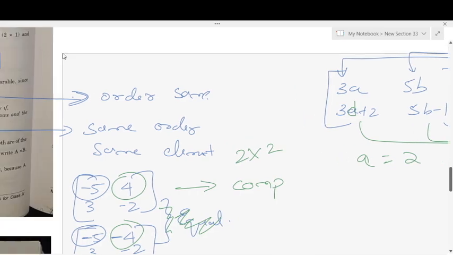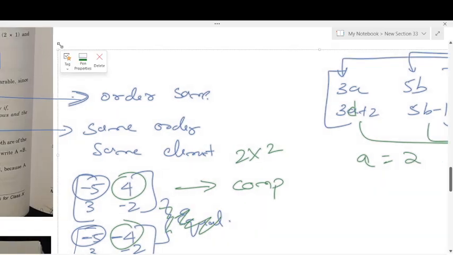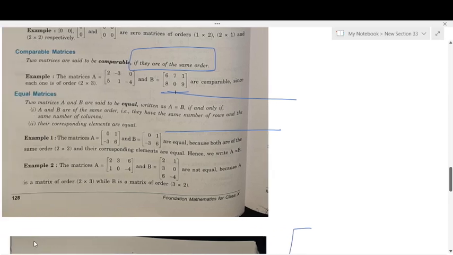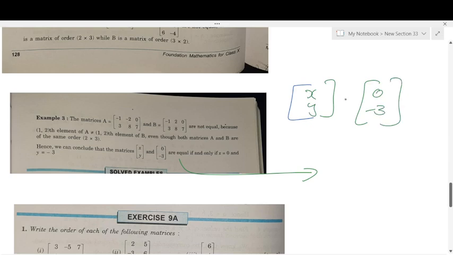Is it clear? Did you all understand? Mariana, Joanna, Lemula. What else is there? Equal matrix done. Comparable is done. Here, this one, students. That is what I explained now. x comma y is given. x and y, 0 and 3. So these two are said to be equal.